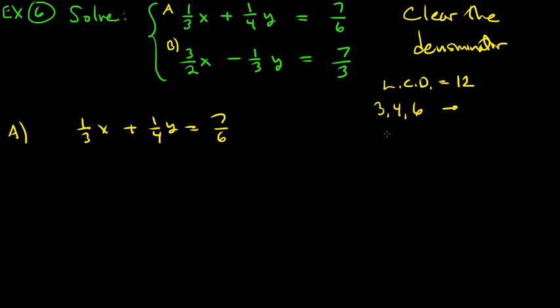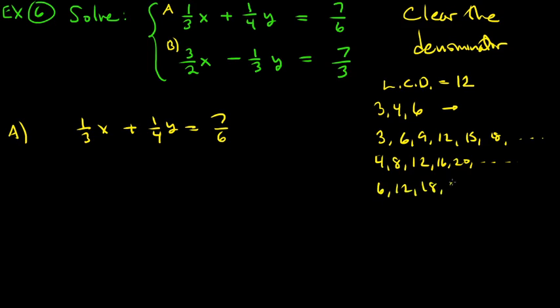The idea is that 12 is sort of the least common multiple of all these numbers. If I write the multiples of 3: 3, 6, 9, 12, 15, 18, and so on, and I write the multiples of 4, right? 4, 8, 12, 16, 20, and so on. And then the multiples of 6 are 6, 12, 18, 24, and so on.